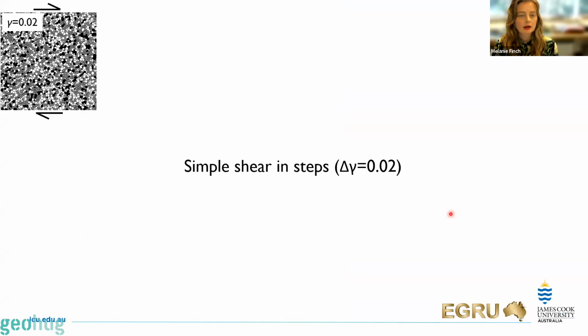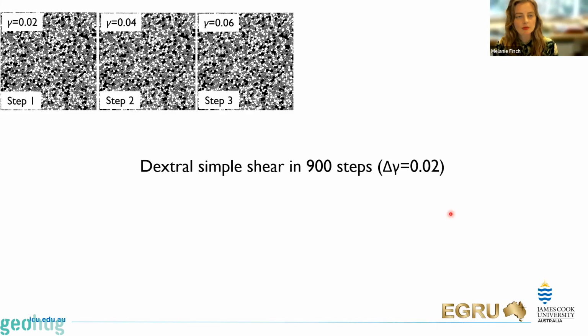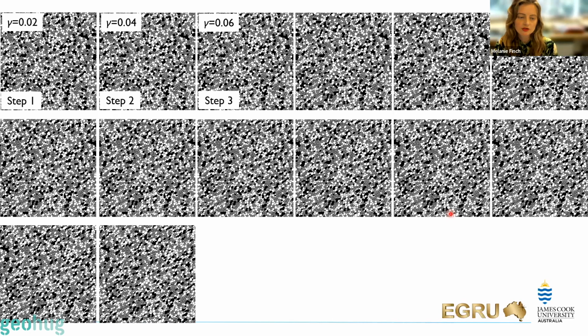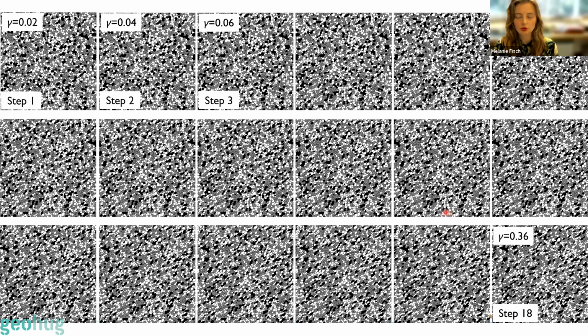With the modeling, I'm doing simple shear in steps, and each step is a small increment of deformation, and these build up over time to get to a finite strain. This is after 18 steps, but normally I do more like 1,000 steps and see what happens to the rock. So now I'm going to start showing you some models.